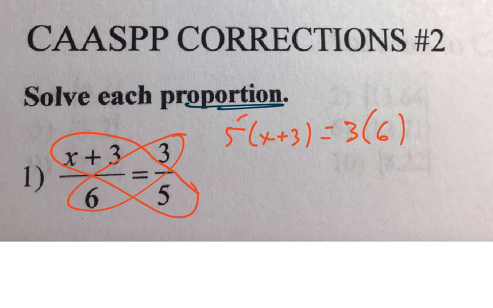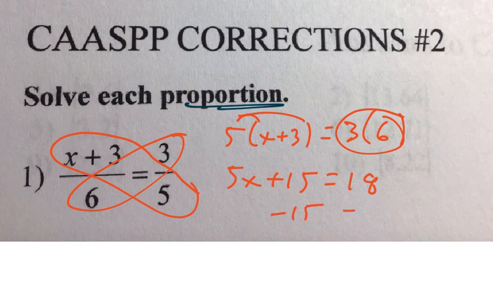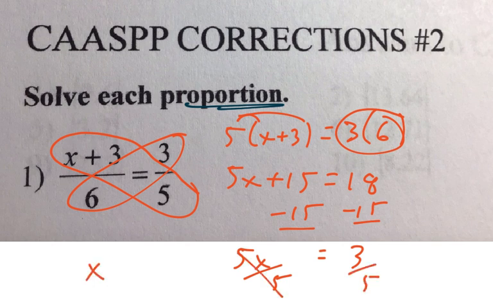We have to distribute here, so 5 times x, 5x, 5 times 3 is 15, equal 3 times 6 is 18, and now all I have is a nice equation to solve. I'm going to minus 15, so 5x is going to equal 3. That means all I need to do now is divide by 5. So x in this case must be 3/5.